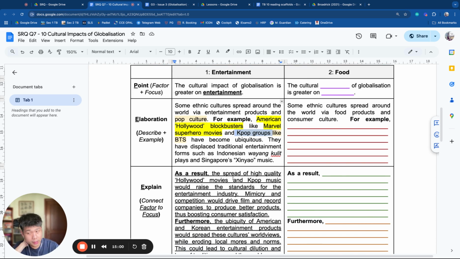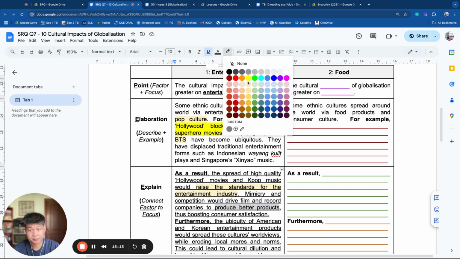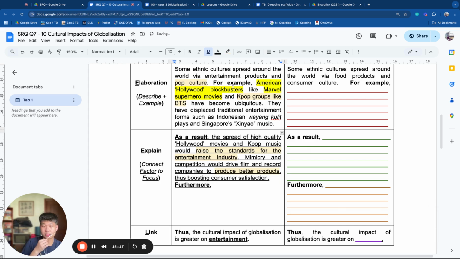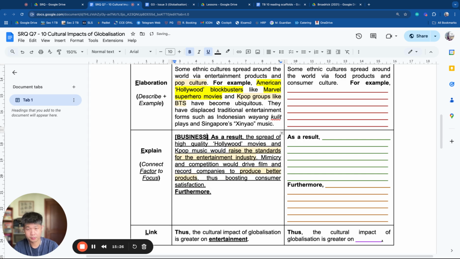Yeah. So in this case, I went with high standards for entertainment industry. Companies would produce better products. So I'm going to remove this one. I want to write my own explanation now. So this is the business angle. So again, I said that one way you can think about this is by thinking about two perspectives.